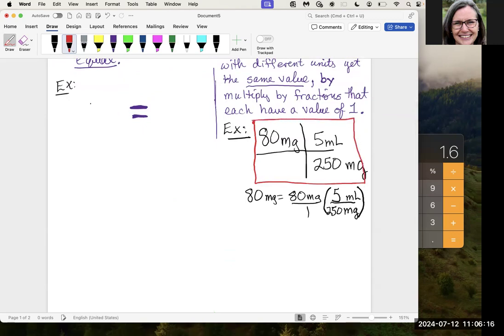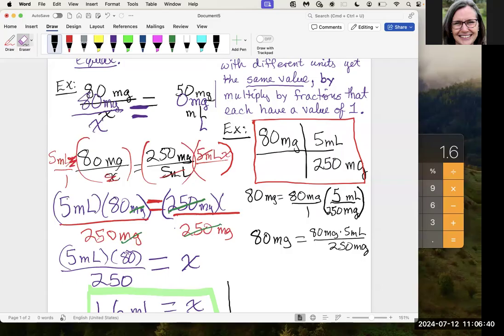With dimensional analysis, we tend to put straight lines rather than have all of these parentheses. So now I've got 80 milligrams is the same thing as 80 milligrams times 5 milliliters divided by 250 milligrams, which will actually look quite similar to what we had on the other side.